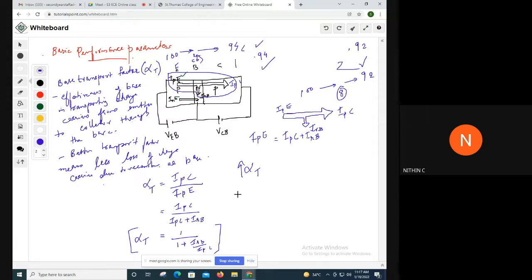That means you can write a statement: the base transport factor can be maximized by minimizing IRB.